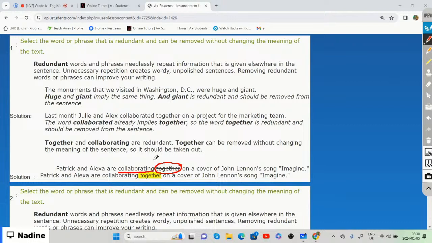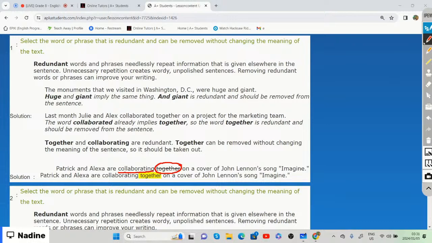Because if I say that Patrick and Alexa are collaborating on a cover of John Lennon's song, then I'm basically saying that they will be working together on it. So together and collaborating basically mean the same thing. That is why I was saying it is synonyms that are being used.